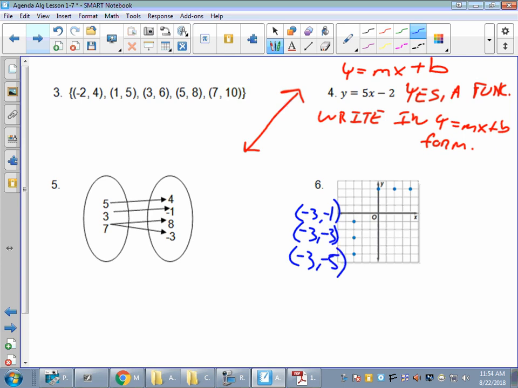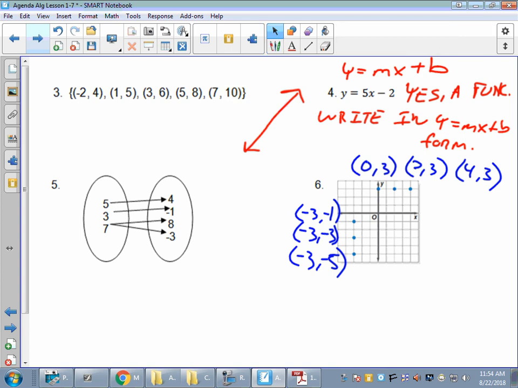And then these over here, we would have (0, 3), (2, 3), and (4, 3) for these points. Looking at this, we already know right away that we've got the same x value in these 3 points, -3, -3, -3. So this one would not be a function.